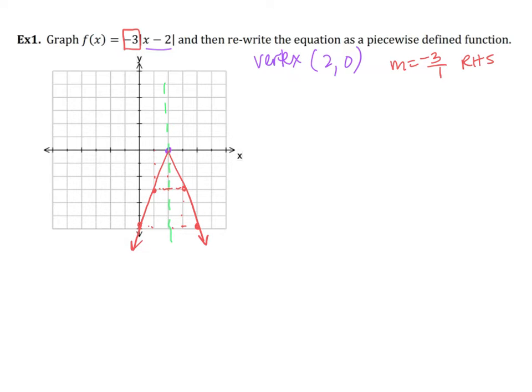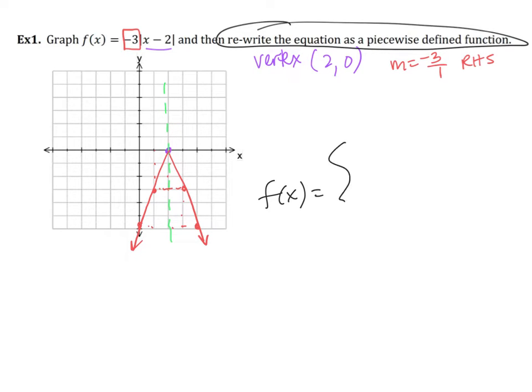Now we need to split this into a piecewise function. So we do f of x equals, and then we need two pieces: this right-hand piece and this left-hand piece. I'm going to start with the left-hand piece because it's really nice.